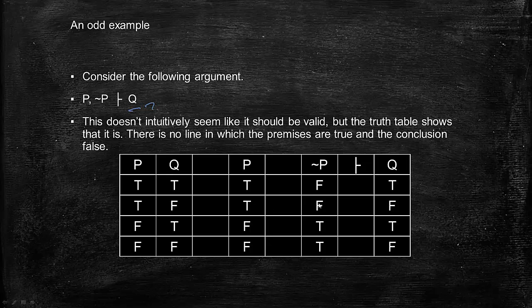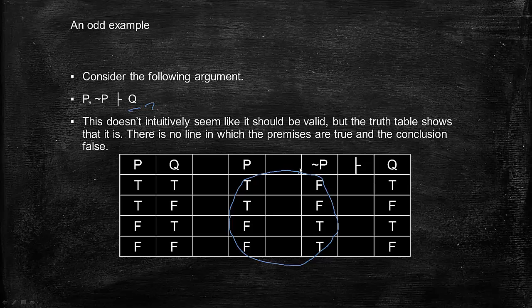What's interesting is the reason there's no such assignment is because there's no assignment at all in which the premises are both true. All of these are true, false, or false, true. None of them are true, true.